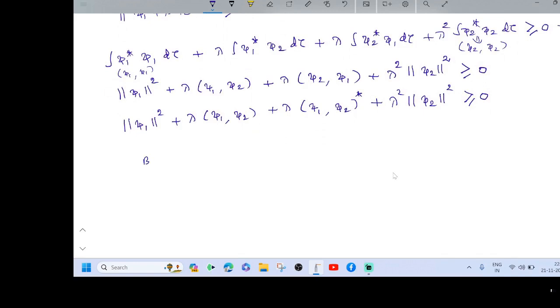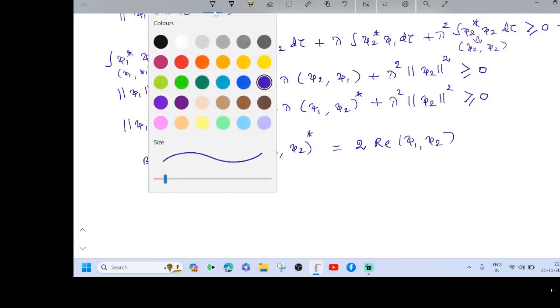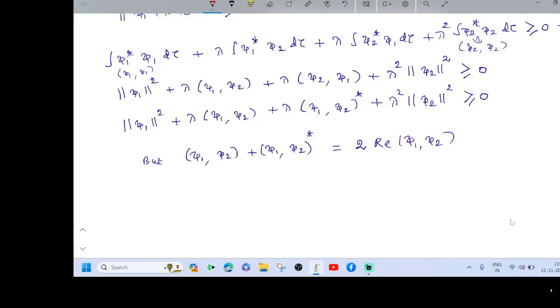But psi 1 comma psi 2 plus psi 1 comma psi 2 whole star is equal to 2 times real part of psi 1 comma psi 2. A separate proof is available for this. We will discuss the same at the end of the session. This is a very, very important point.